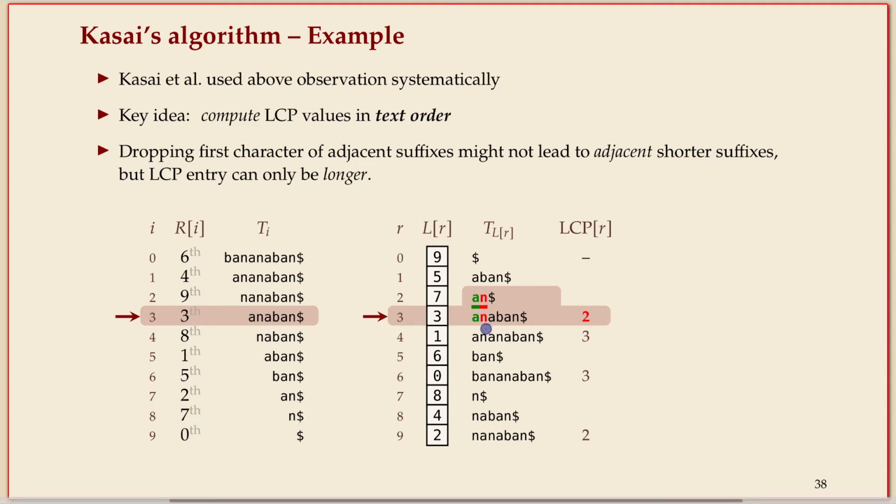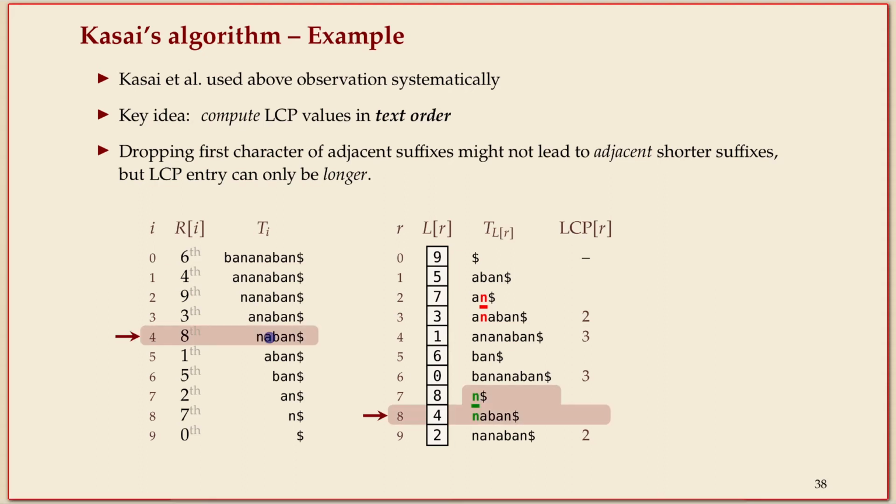So we indeed have a 2 again, but that's it. So then we go to the next position in the text, this one. We find it in the sorted list at rank 8. We know they have at least 1 character in common. And if we compare 1 more, we find out that's the only one. So we write a 1. Okay?